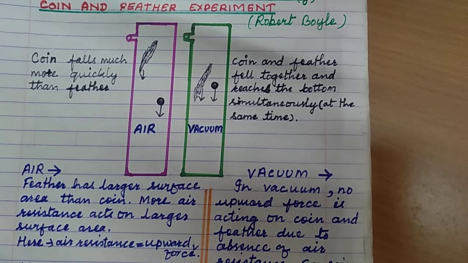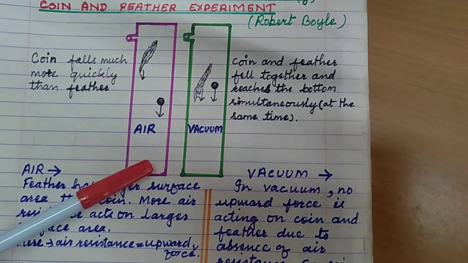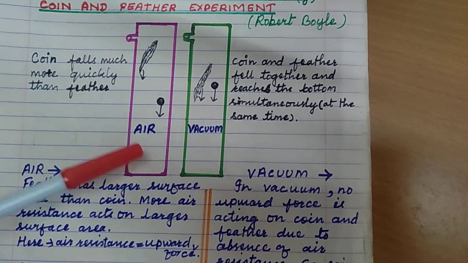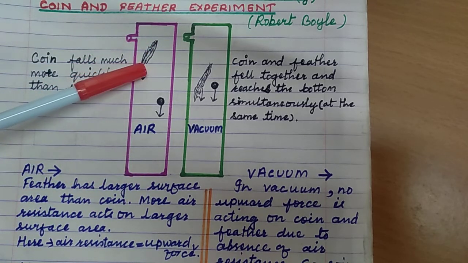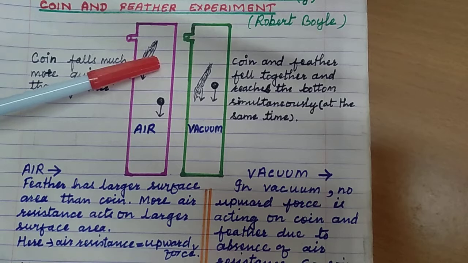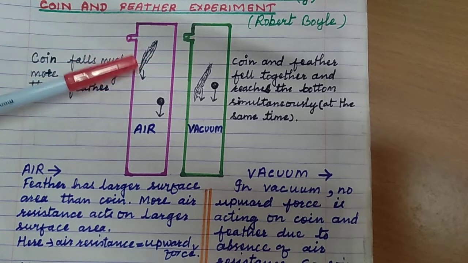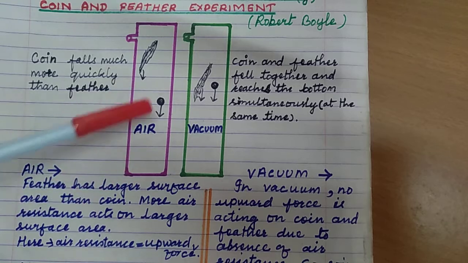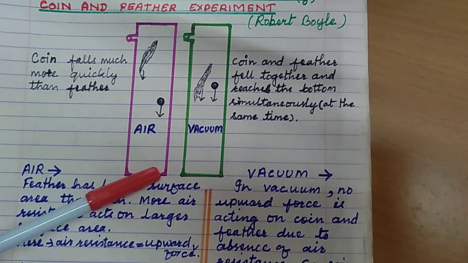So the coin fell freely because of its more weight, whereas the feather fell slowly because upward air resistance was acting on its larger surface area, and it is much lighter. So the feather fell down slowly and the coin fell much quicker.